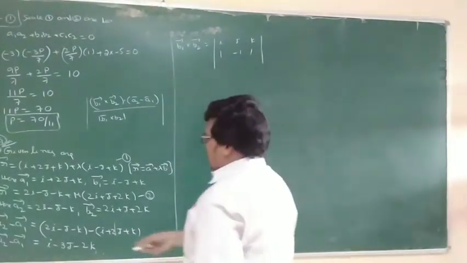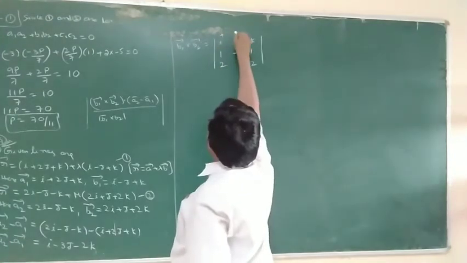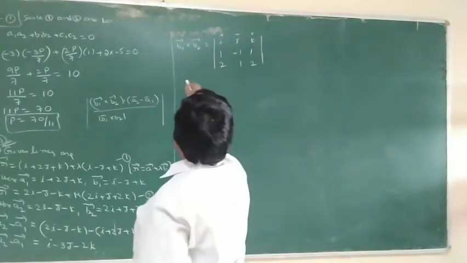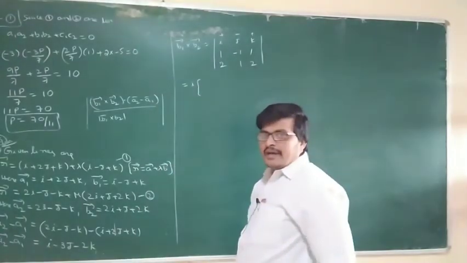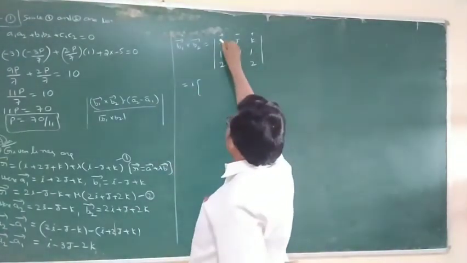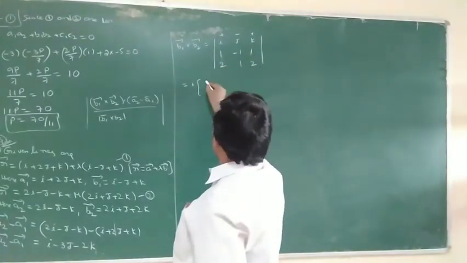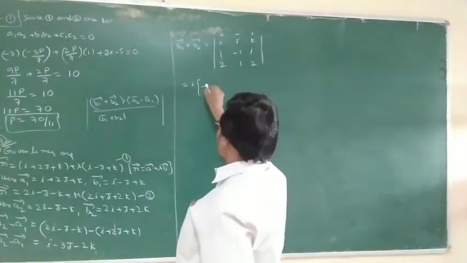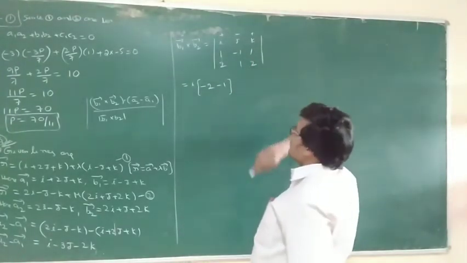Next b2 bar: 2, 1, 2, with signs plus minus plus. First of all, i into the 2 by 2 matrix after deleting the corresponding row and column: minus 1 into 2 minus 1, that is ad minus bc.